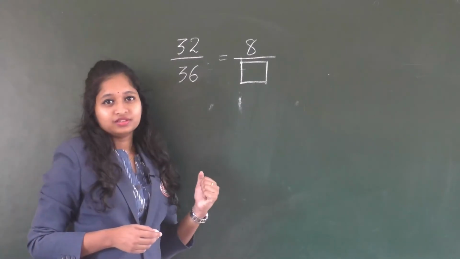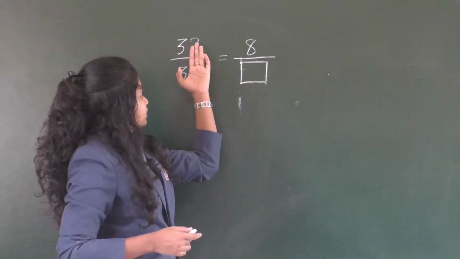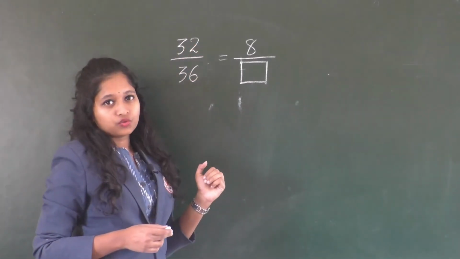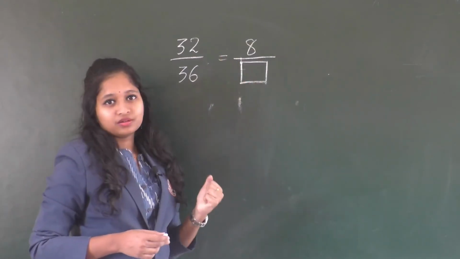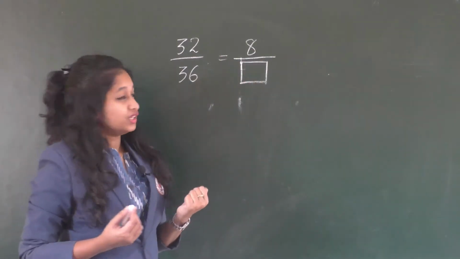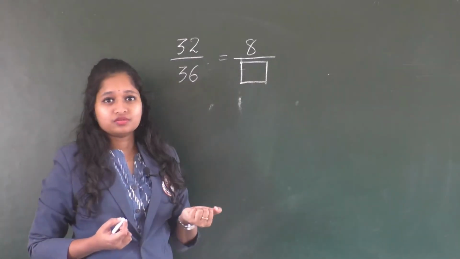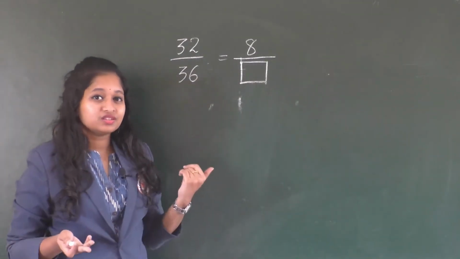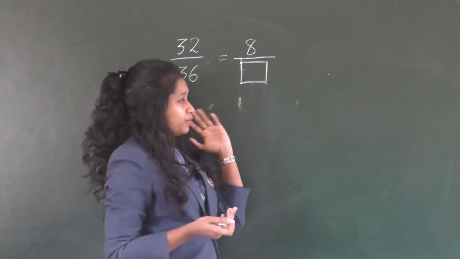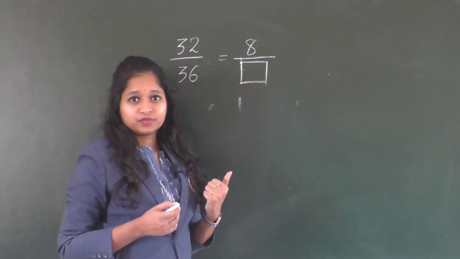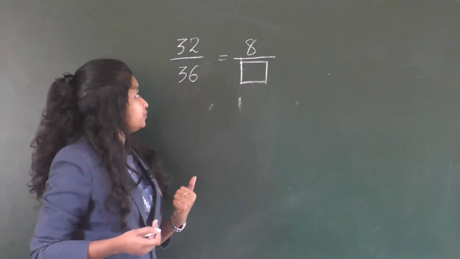See here, I have a question. 32 by 36 is equal to 8 by something. Okay. Now, how to find this value in the box? Yes, we have to make them equivalent. Okay. So, what to do?